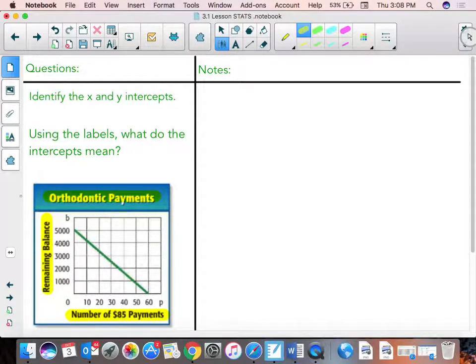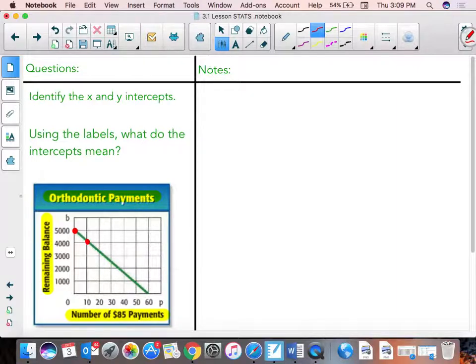I'm not sure how often they are making those payments, but it tells you, for example, when they've made 0 $85 payments, they owe $5,000. After 10 payments of $85, they owe around $4,000.